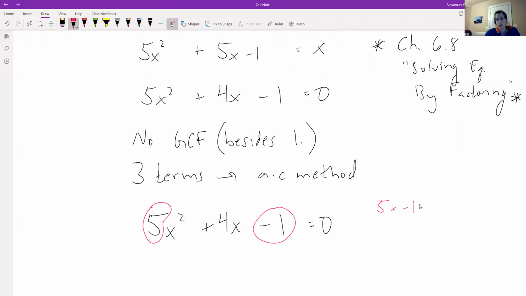So 5 times -1 is -5. Thinking carefully about what would multiply to be a -5, but then also add to be a +4, it looks like -1 times 5. So I'm past the point where I write out the 2 separate lists of possibilities. This time I'm more focused.